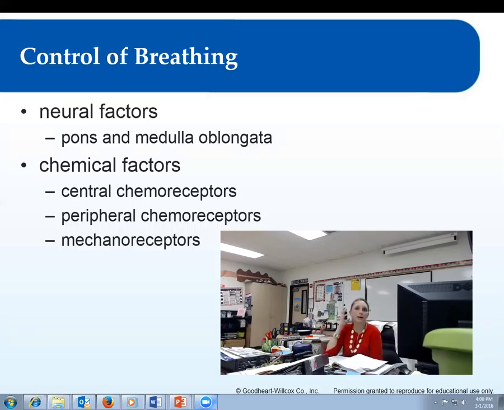So that's what our brain is measuring. Cerebrospinal fluid, remember, is that clear, watery fluid that cushions the brain. It helps to nourish the brain. It's all the way around the spinal cord. So our brain is constantly monitoring the pH of that fluid.